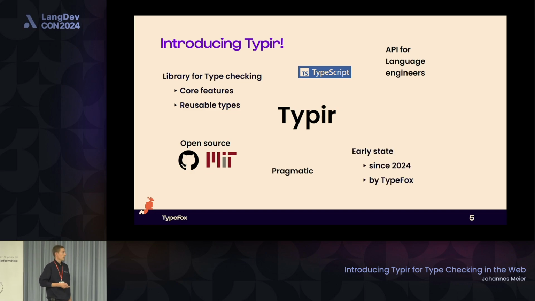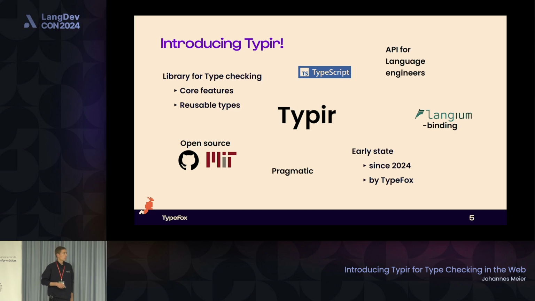We will come to that later. We are developing it in the rare open source time since this year at TypeFox, the company I'm working for, since we are doing a lot of language engineering. And since we are also doing language engineering with Langium, we also provide a dedicated Langium binding for it.